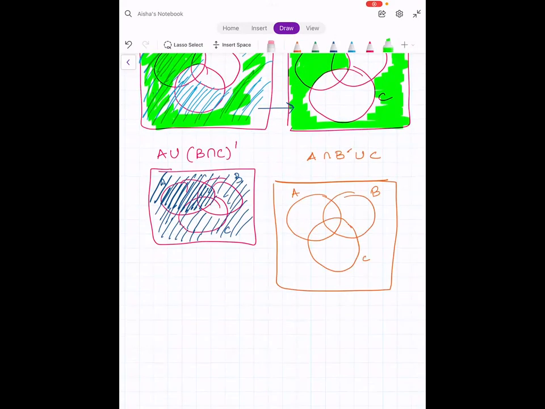A intersection B complement, that means all of this. Union C means all of C. So union is never a problem because you just have to shade everything on the same diagram. I just wanted to shade it very properly.